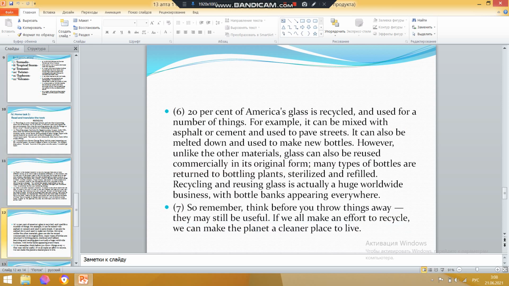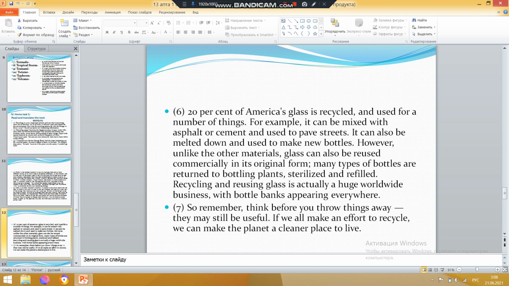20% of American glass is recycled and used for a number of things. For example, it can be mixed with asphalt or cement and used to pave streets. It can also be melted down and used to make new bottles. However, unlike the other materials, glass can also be reused commercially in its original form.